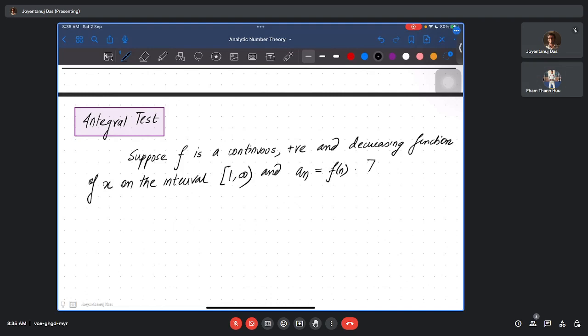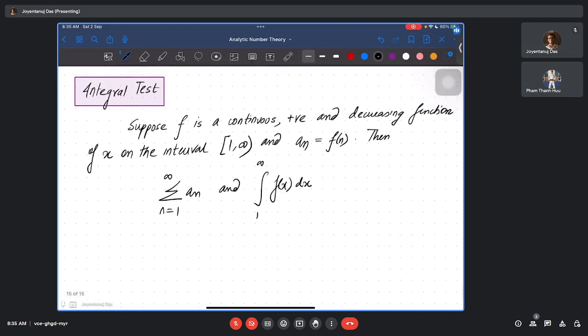Then if we compare the series, n equals 1 to infinity, with the integral from 1 to infinity of f of x dx, either both of them converge or both of them diverge.